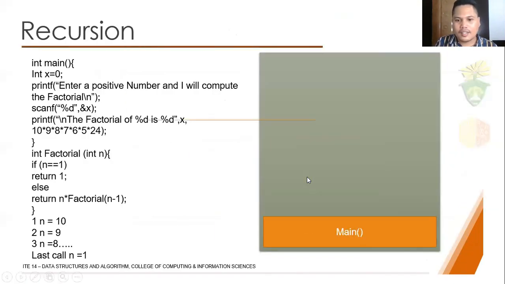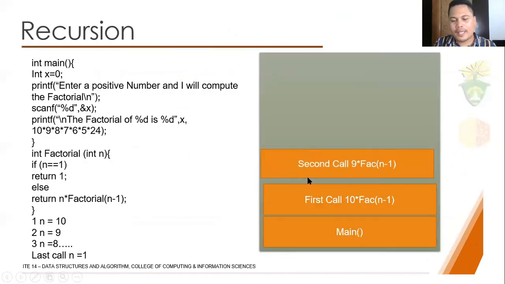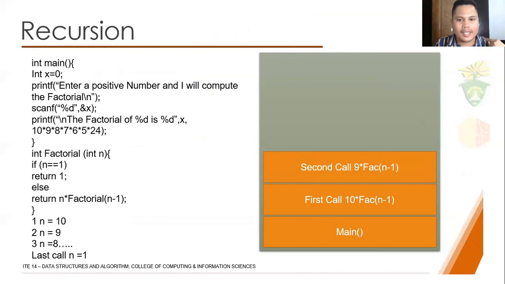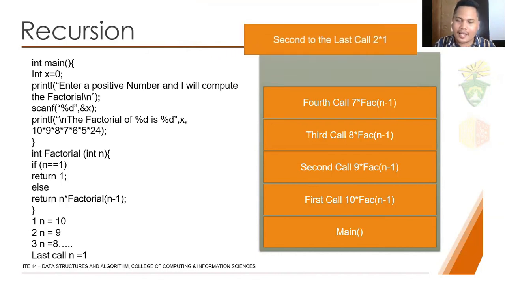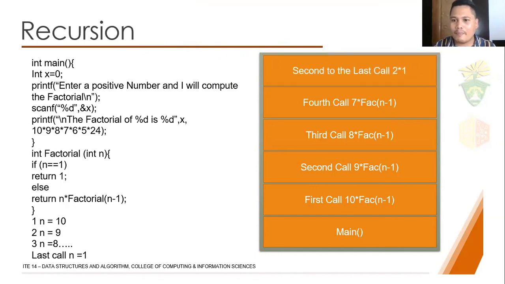So, by the time you have continuous function calling of itself, the function recurses. The first function, which is main, will be pushed onto our stack. Then the first instance of your factorial, until you hit the base case, meaning it returns a constant value.